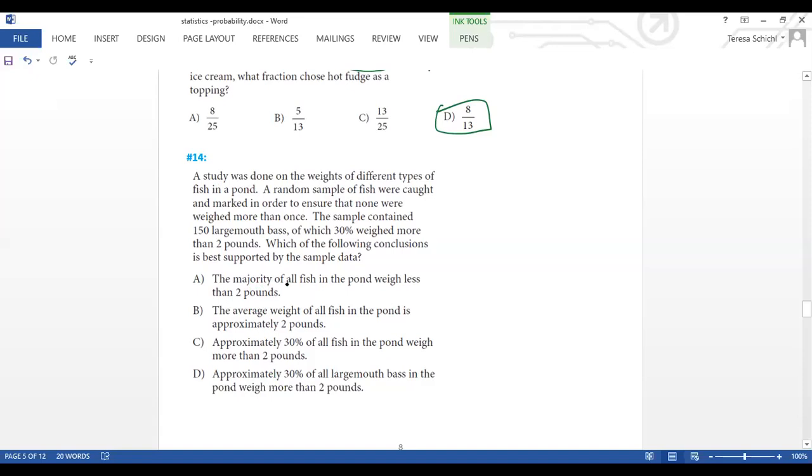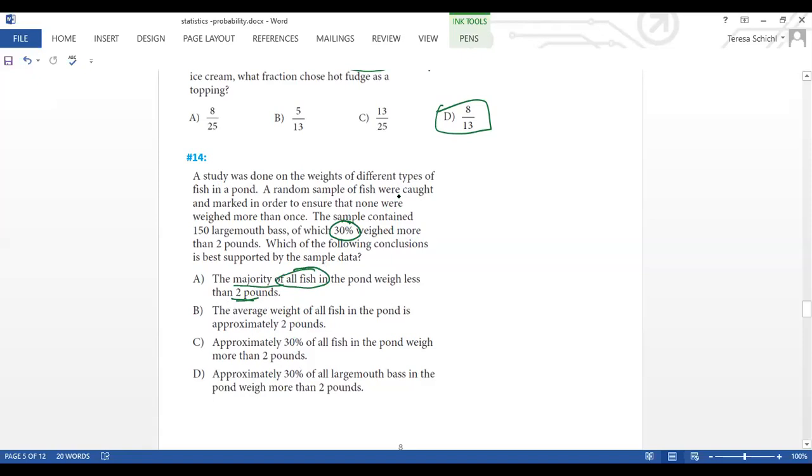Let's take a look at what the problem is here, and let's use the process of elimination. They say the majority of the fish in the pond weigh less than 2 pounds. Well, we only have 30% weighing more than 2 pounds, right? So you cannot say the majority of all the fish.